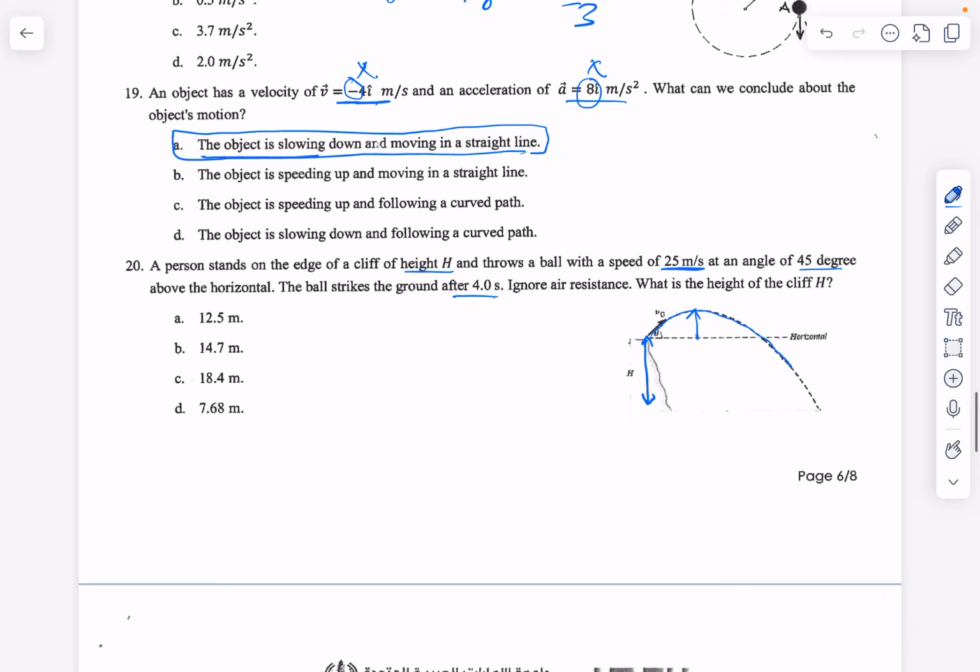So now we have Vx because it is thrown at a 45 degree angle, so 25 cosine 45, and Vy is 25 sine 45. So you will get 17.68.